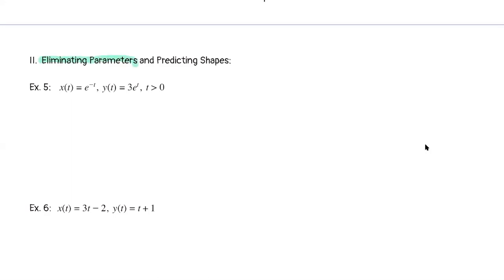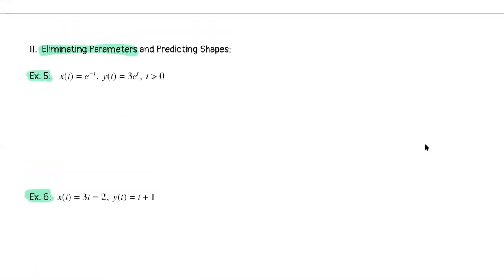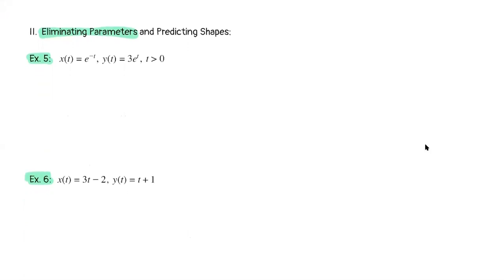So let's start with example number 5. I hope that our fear of exponential functions like e to the x and e to the negative x has gone down a little bit since we started this course, because we've definitely used them a lot, okay?